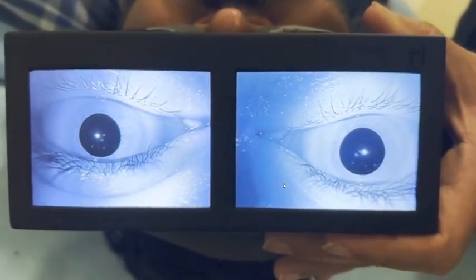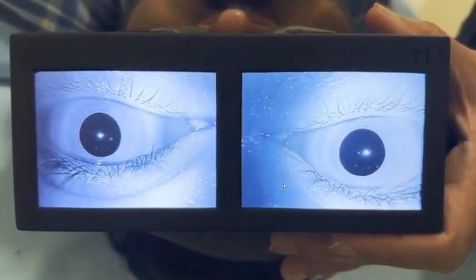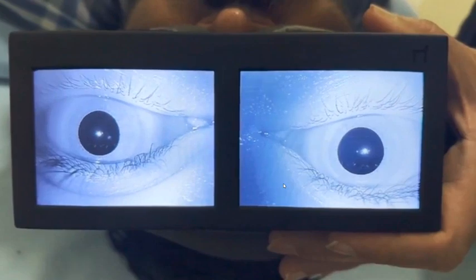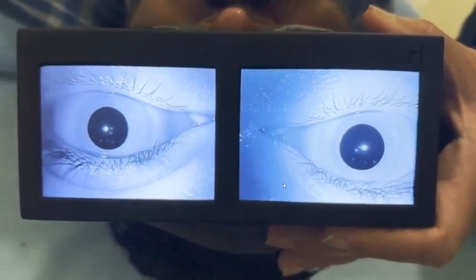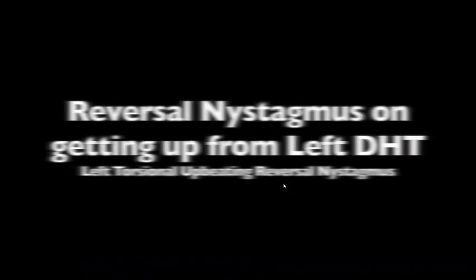So whenever you do a Dix-Hallpike test and see a downbeating nystagmus with a contratorsional element, it is always recommended to observe the oculomotor responses on uprighting the patient from the Dix-Hallpike test.